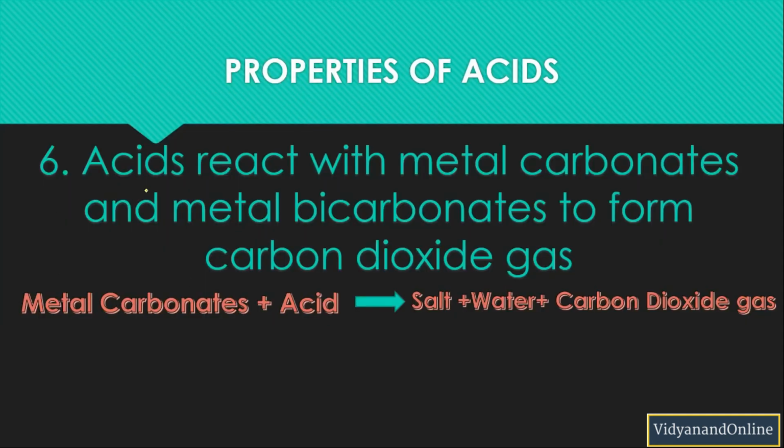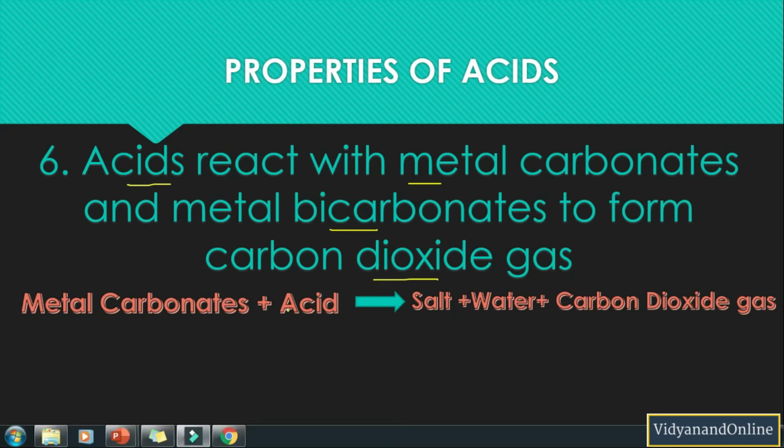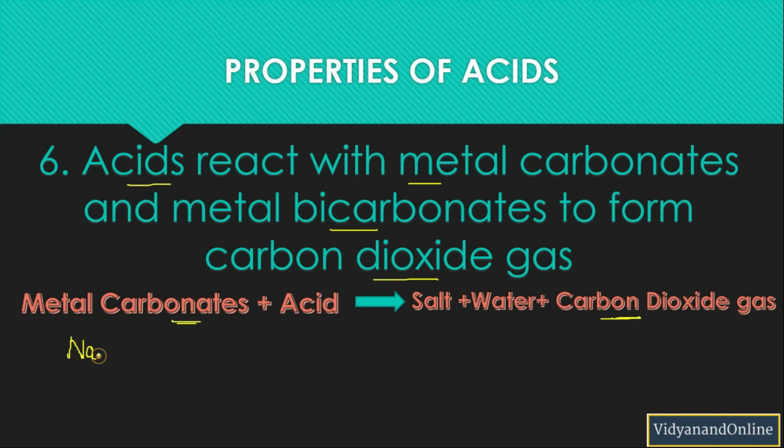Now let us see the sixth property of acids, which states that acids react with metal carbonates and metal bicarbonates in order to form carbon dioxide gas. Let me tell you one thing: whenever you have carbonate in the reactant, you will always get carbon dioxide as a product. Say, suppose I am taking an example of sodium carbonate, so its formula will be Na2CO3. Now it is reacting with an acid which is HCl, hydrogen chloride.